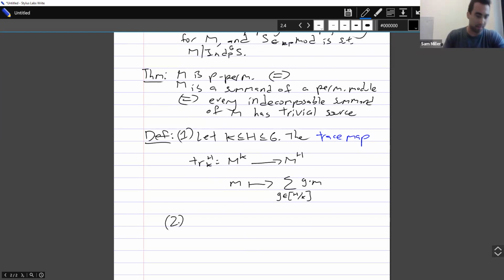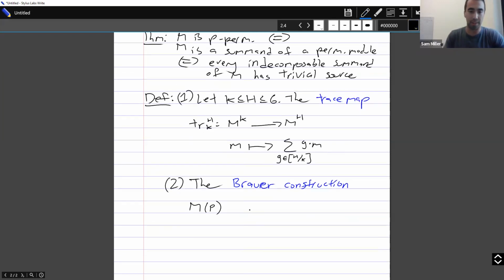Check that. Next, the Brauer construction is integral to the study of p-permutation modules and shows up in many places in local-to-global modular representation theory. It is sometimes also called the Brauer quotient. We denote this as M(P).